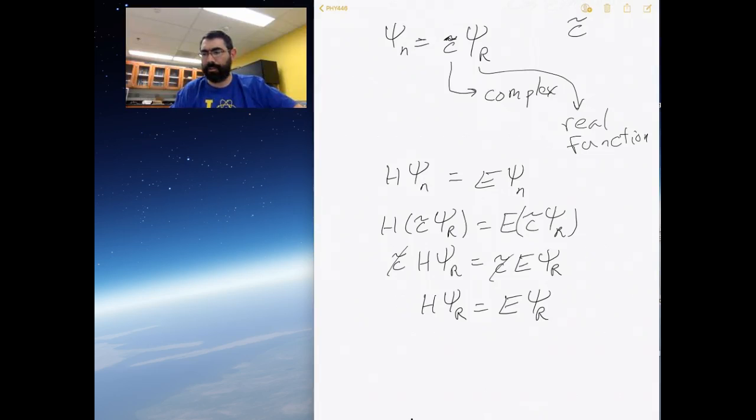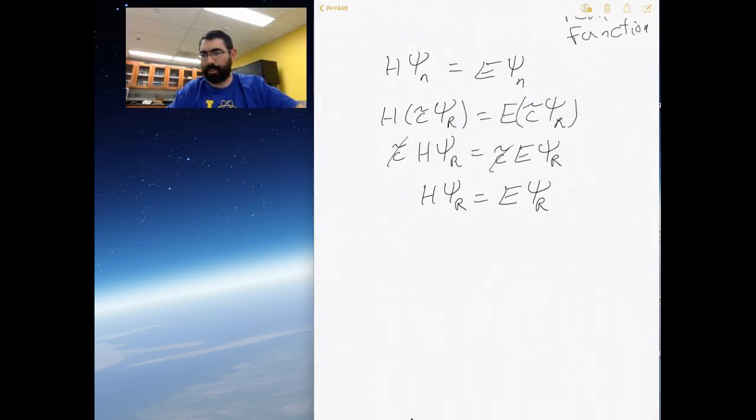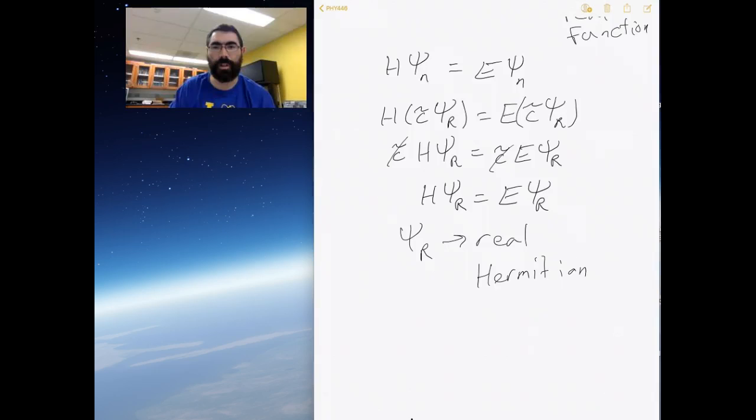The good news about writing this psi sub r, which is real, is that it also means that it's Hermitian. So then we can take advantage of any linear algebra of Hermitian functions instead of having to chug through all of the math. Okay, so this is just an interesting result that happens for this particular Hamiltonian, let's say.